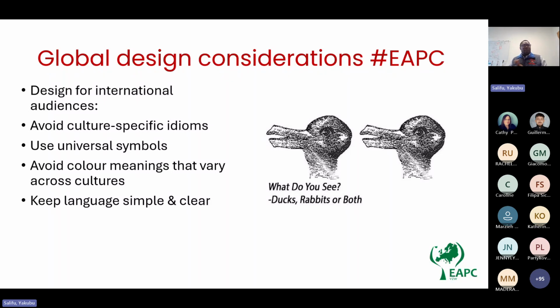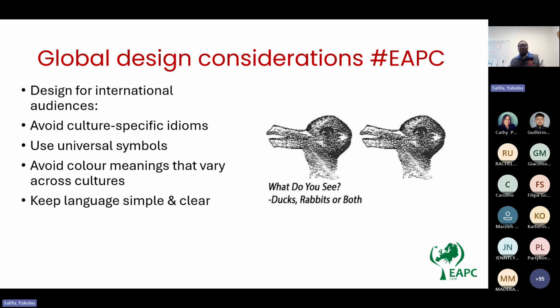So one of the other things that I would say is that for an EAPC conference, you need to be very, very aware of the design considerations. It's a very multi-international, multicultural conference. So the way you present the information needs to be as clear as possible to prevent any ambiguity.